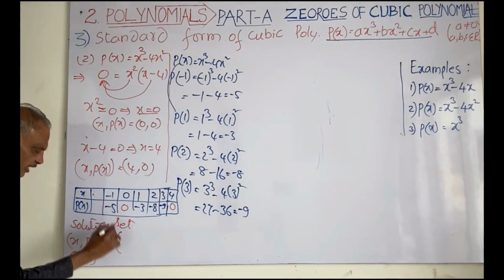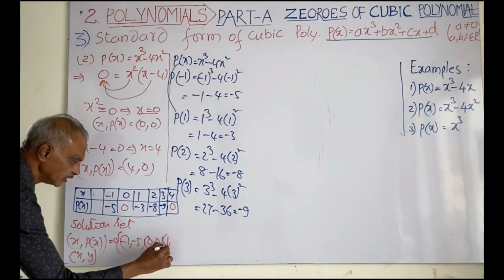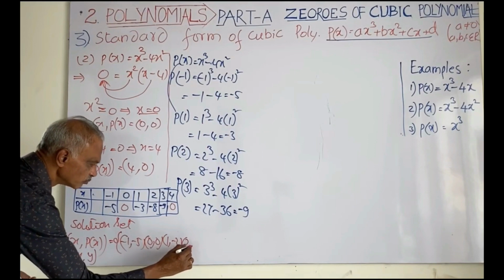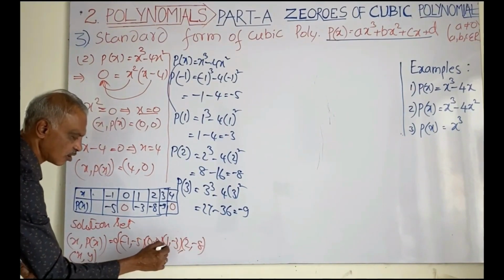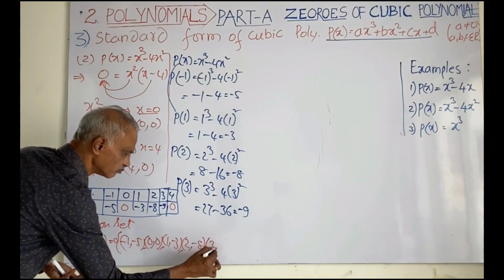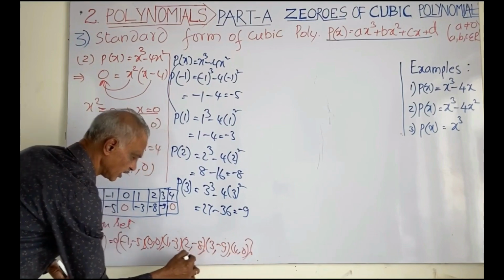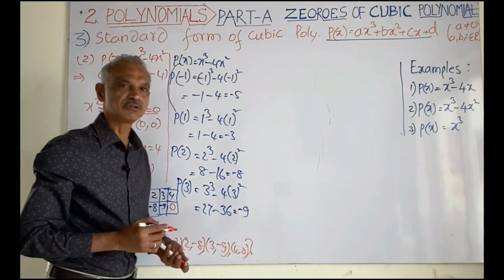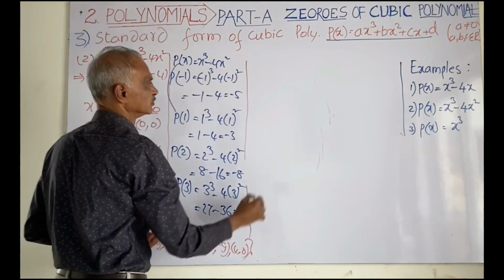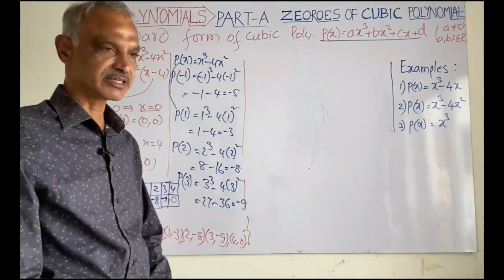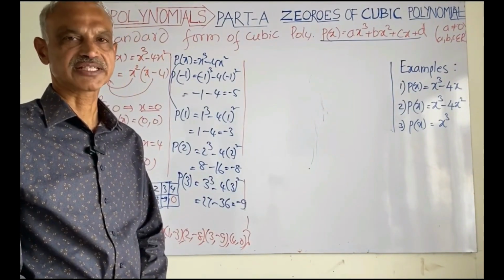It will be minus 1, minus 5; 0, 0; 1, minus 3; 2, minus 8; 3, minus 9; 4, 0. With the help of the solution set, we have to draw the graph of x cube minus 4x square.